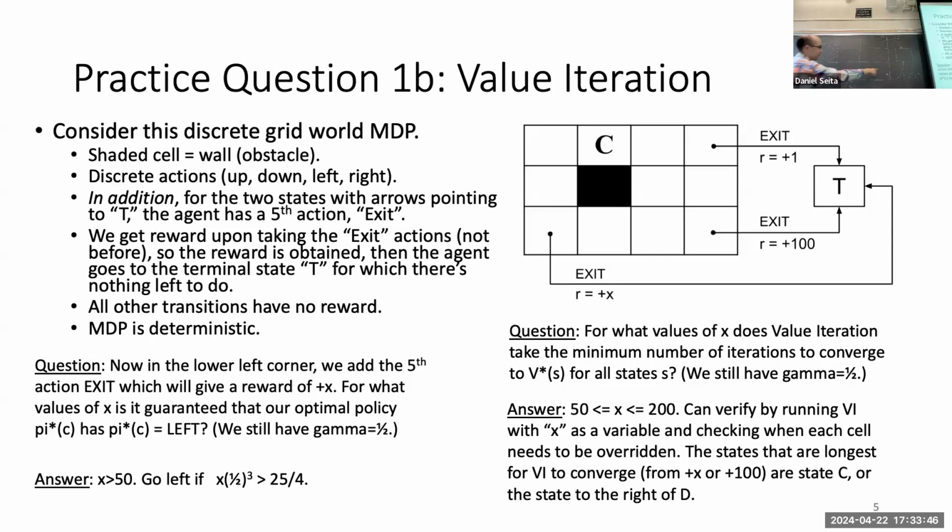And then going from here, there was 100, then 50, then 25, then 25 over 2, and then 25 over 4. And this 1/8 came from the +1, not the +100, because you can go from here to there within 5 actions.